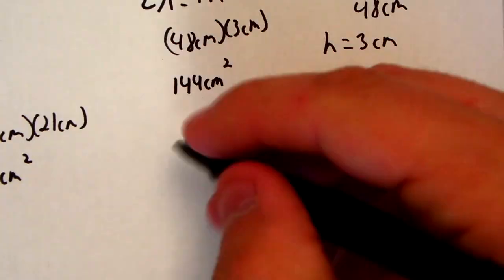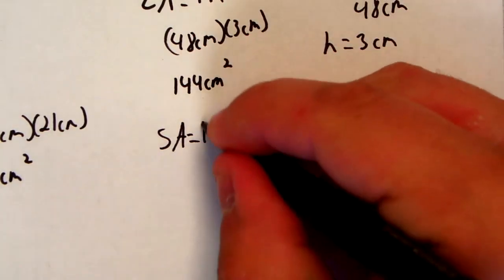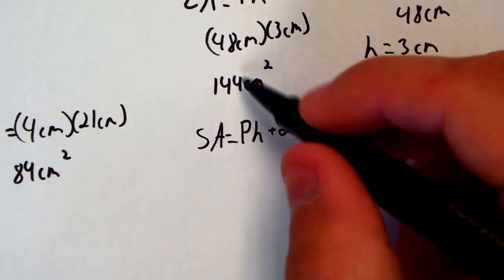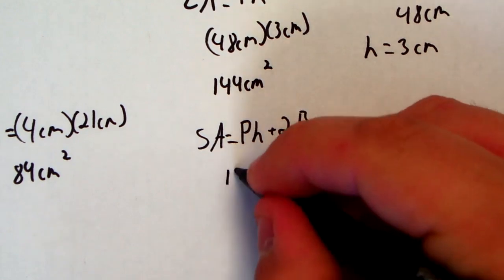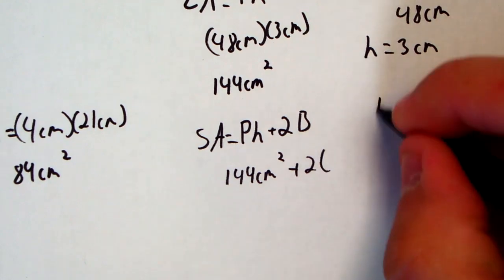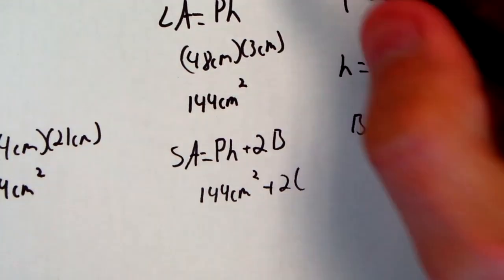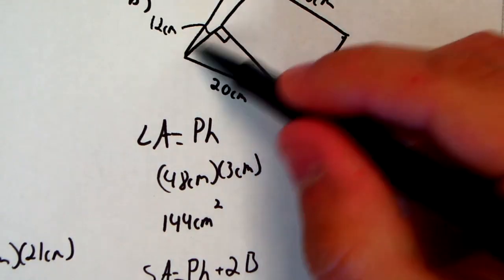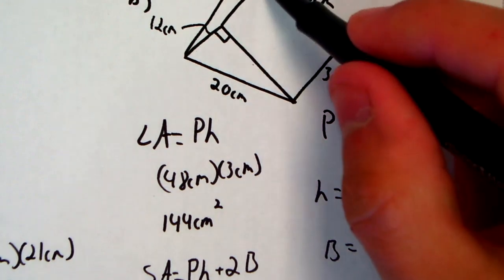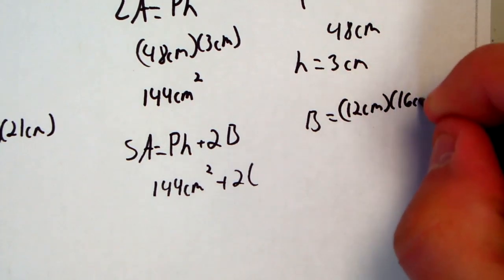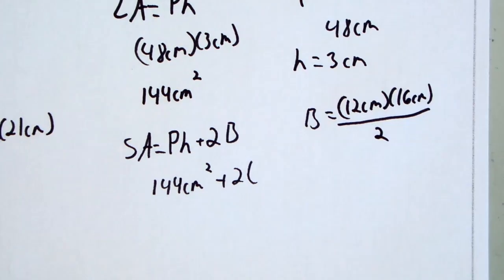Again, same thing here. We're going to do surface area is perimeter times the height plus 2 times the area of the base. Perimeter times height again was 144. Now, the base, this is a triangle. So we want to do the two numbers that are attached to the right angle, which happens to be this 12 and this 16, because that's really right here. So 12 times 16, and because this is a triangle, we're going to divide that by 2.